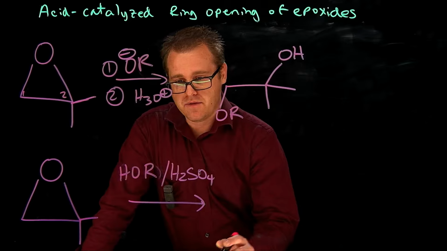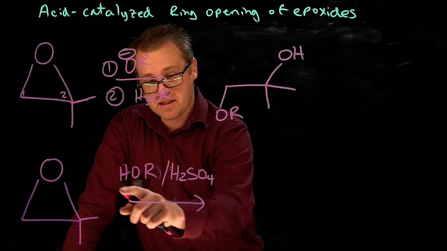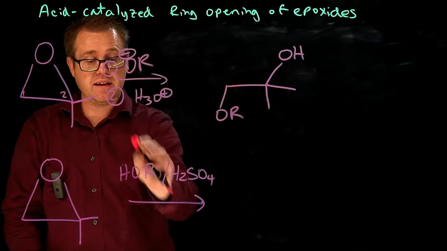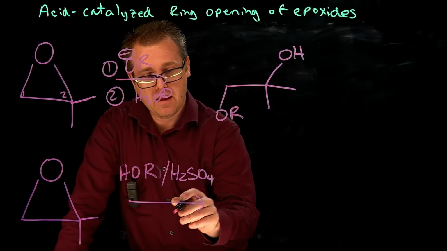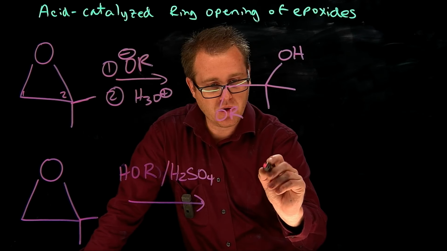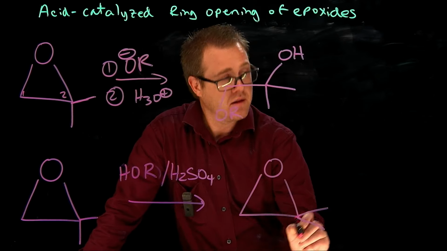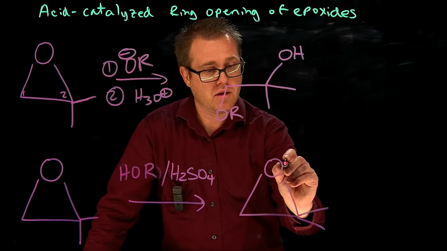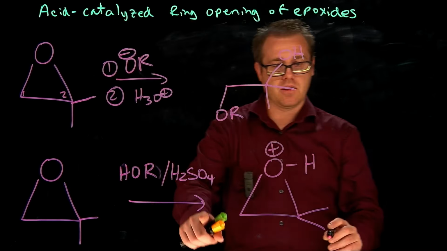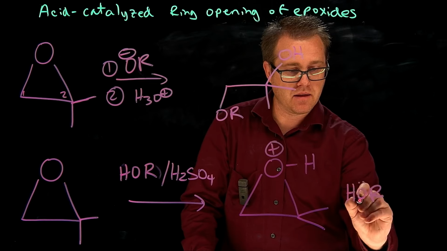Now look at the difference here. When we treat it under acidic conditions, do you see how in this reaction there's 2 steps? Here it's just 1. And so what's going to happen is our intermediate is going to look like this. There's our protonated epoxide. And so where is our alcohol going to attack?